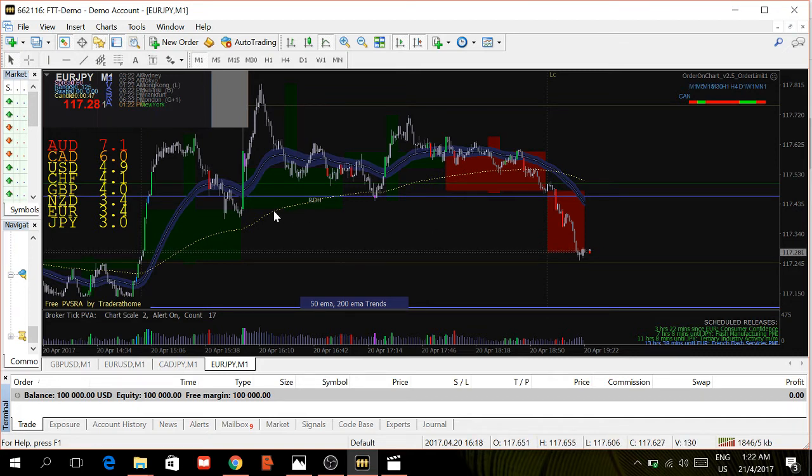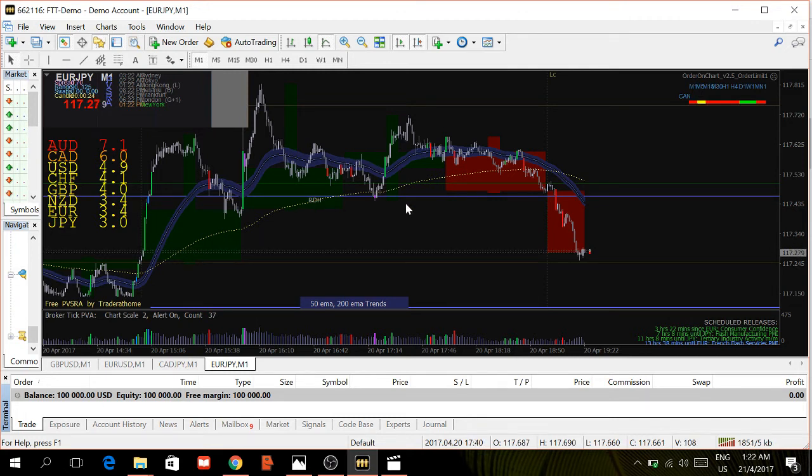Here you have things like RDH. These lines are called key level lines. RDH would be the range daily high. So it's the highest level that the price has reached for the day.